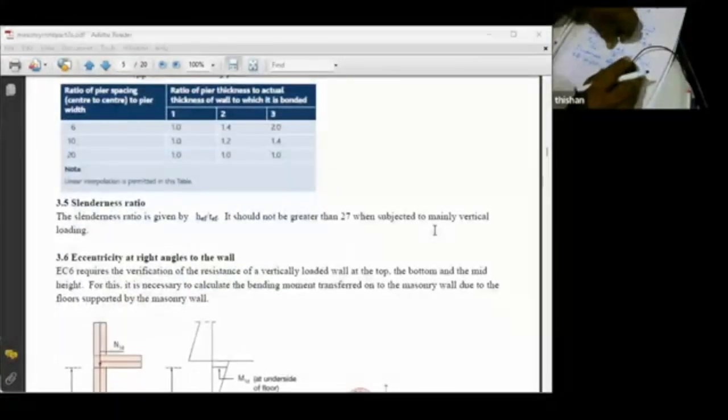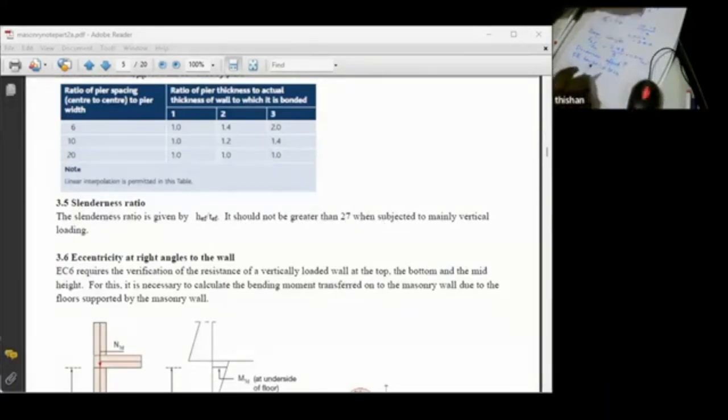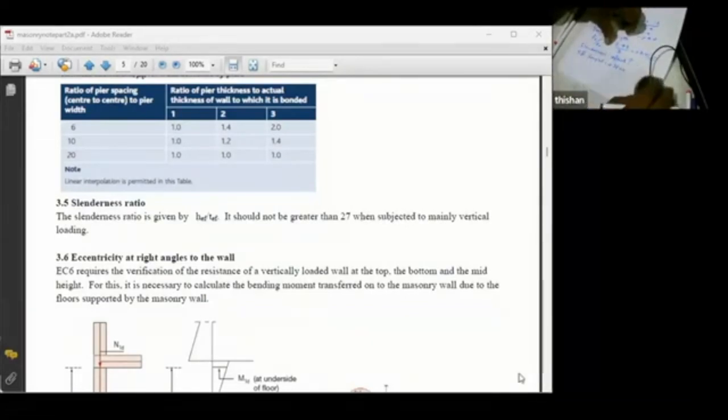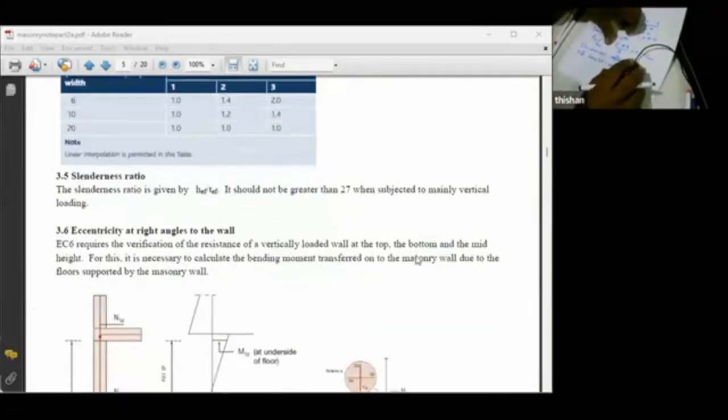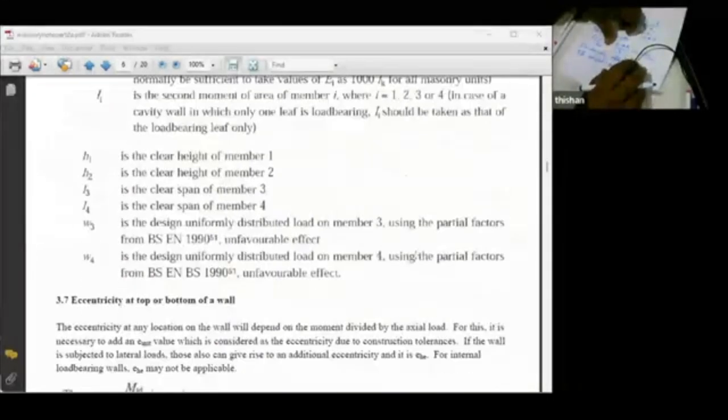So you can see the maximum slenderness ratio is Hef divided by Tef and should not be greater than 27. So if we consider our case, we can calculate the slenderness ratio.